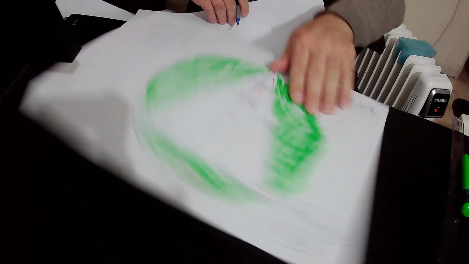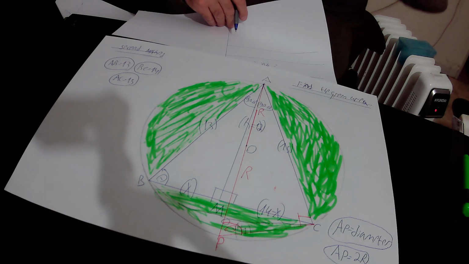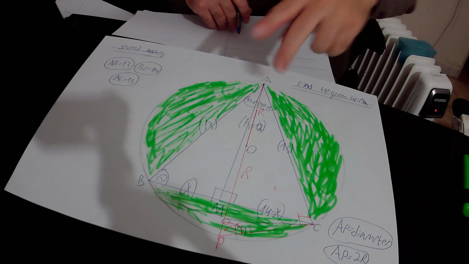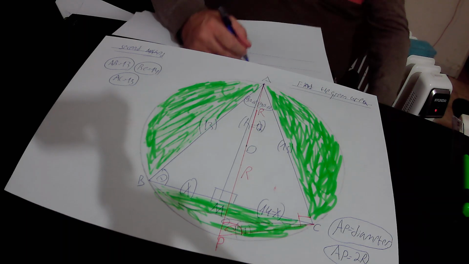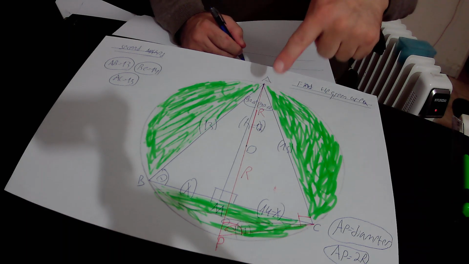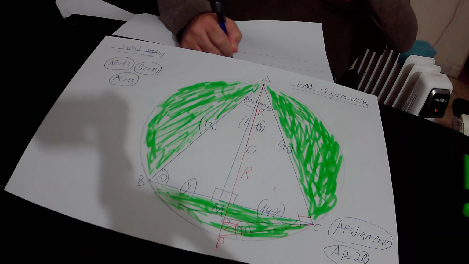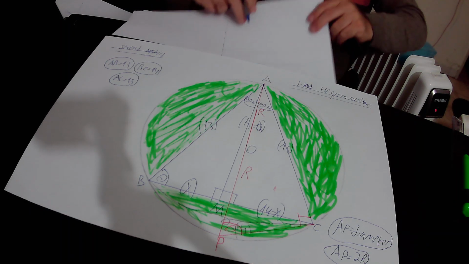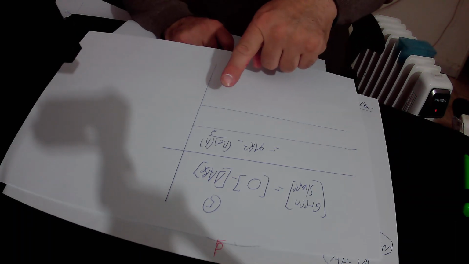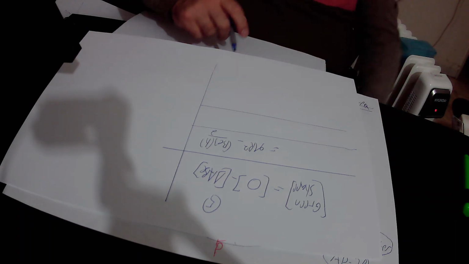What is the area of triangle ABC? From the drawings it's very easy to see that the area of triangle ABC equals the base of the triangle, that is BC, times the height to the base, that is h, over 2.